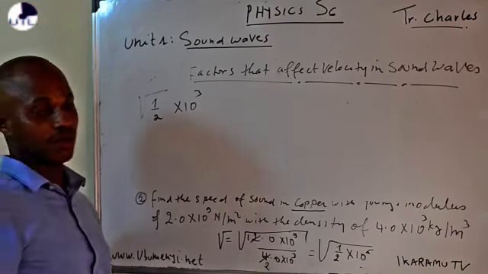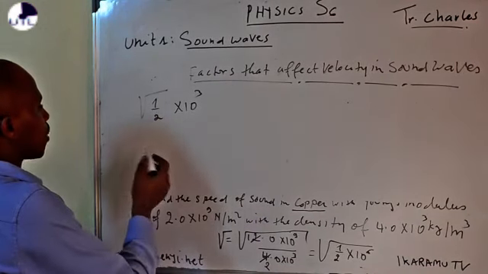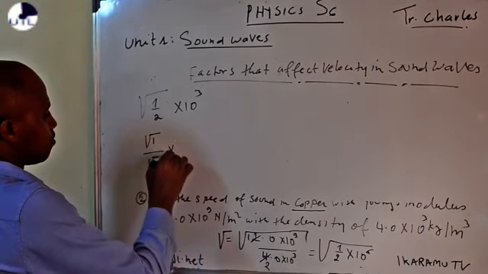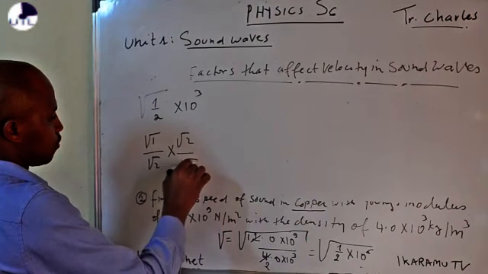Then by using the properties of irrational numbers, that is the square root of 1 over square root of 2, then times the square root of 2 over square root of 2.